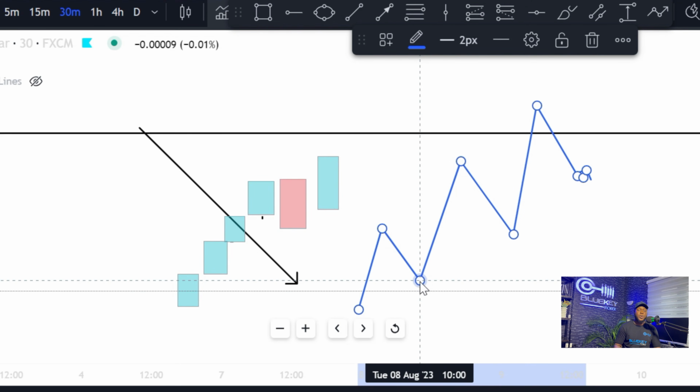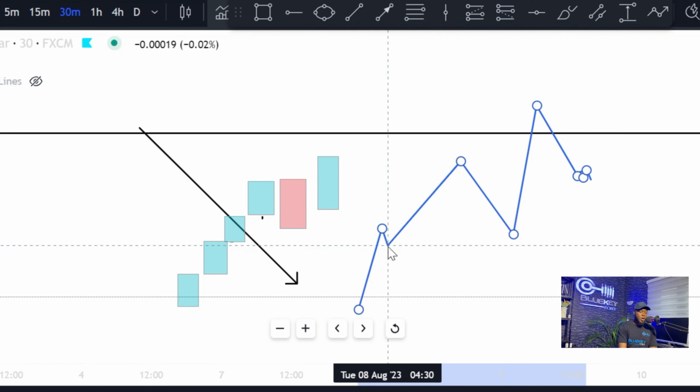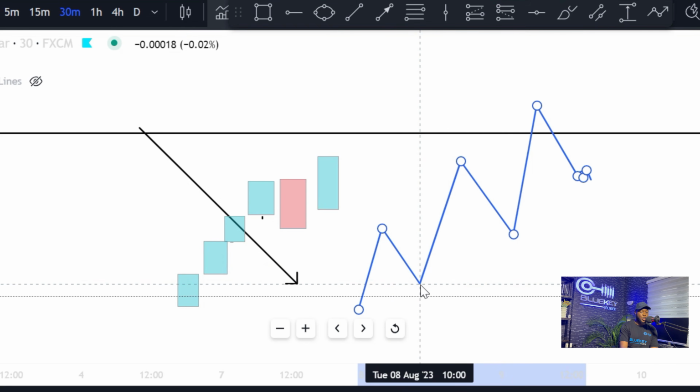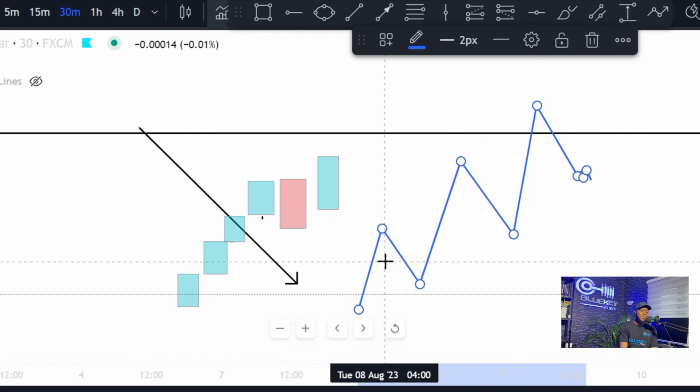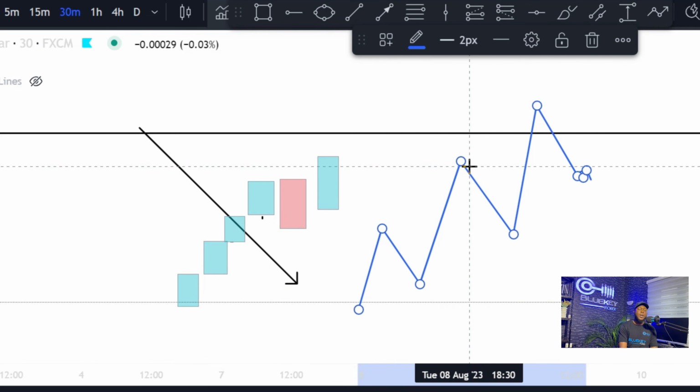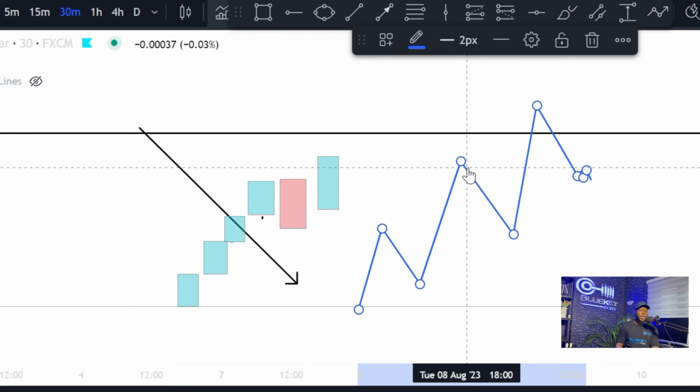Anywhere there's some form of liquidity, they're there to take it out, because that is how they make their money. So a correction can be considered a correction when it has taken out some liquidity in the market before it starts moving to the other side. So that is the difference between a pullback and a correction.